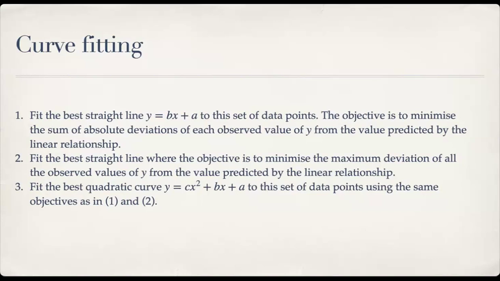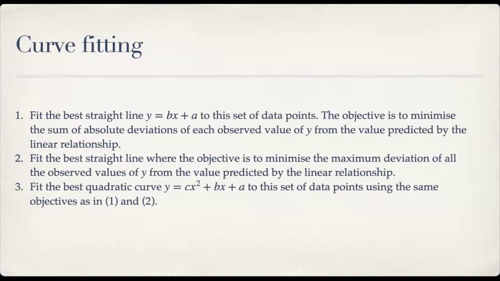We try to minimize the maximum deviation in the second case. And the third one is we want to fit the best quadratic curve in this form. We have three parameters, three constants, using the same objective as in 1 and 2.